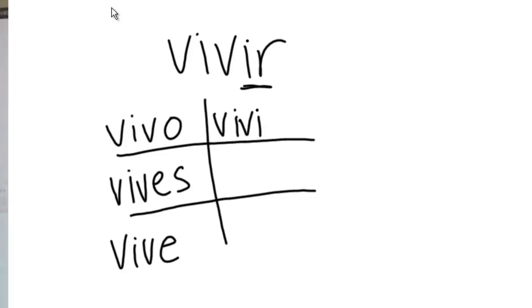Because when you get around a whole bunch of people like nosotros, you just kind of want to be alone and do your own thing. So the IR does its own thing here. Instead of comemos, we go to imos, vivimos. Nosotros vivimos en una casa. We live in una casa. Vivís, viven, they live. Okay?